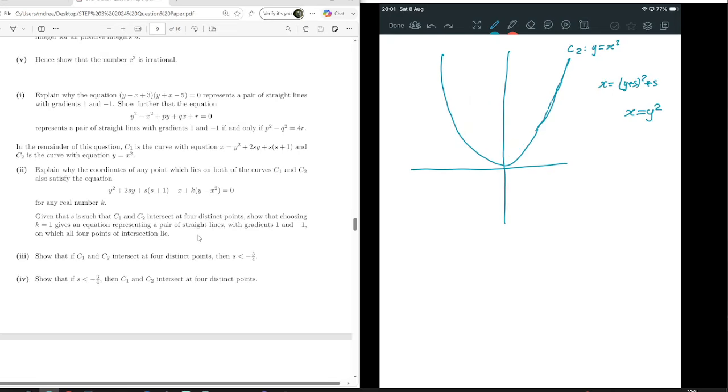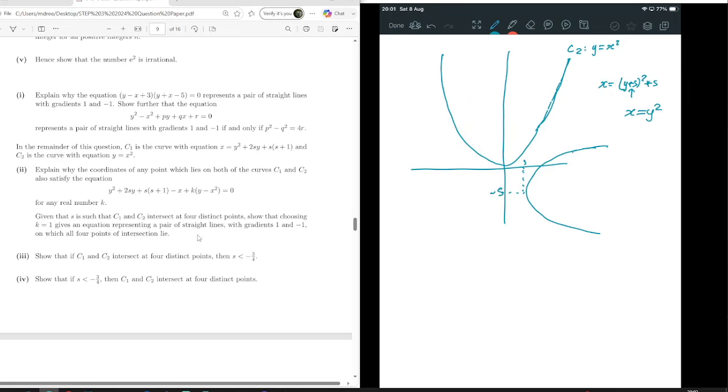But we've put a plus s in. Well, that's going to move my quadratic down, and then I've added s to all my x coordinates. So I think this quadratic is going to be something like this, which is kind of awkward, where this coordinate here is s, negative s.